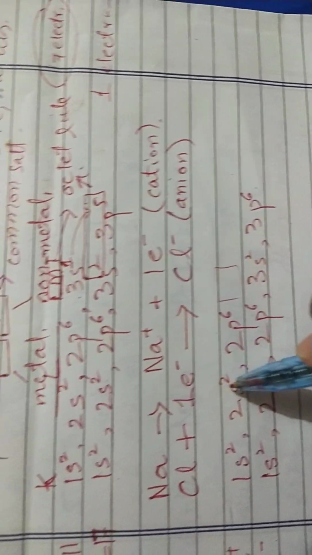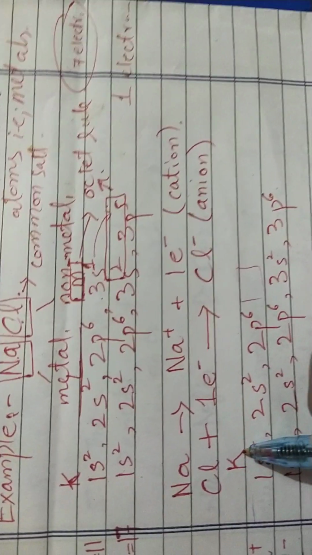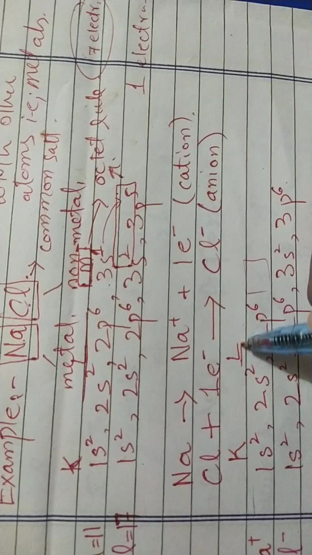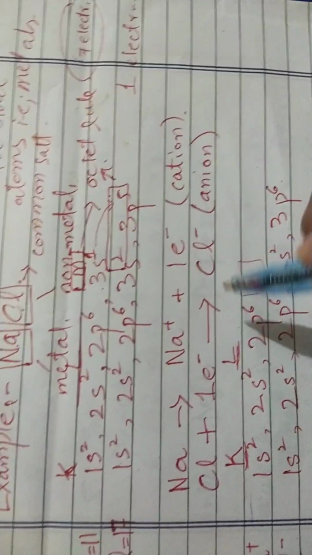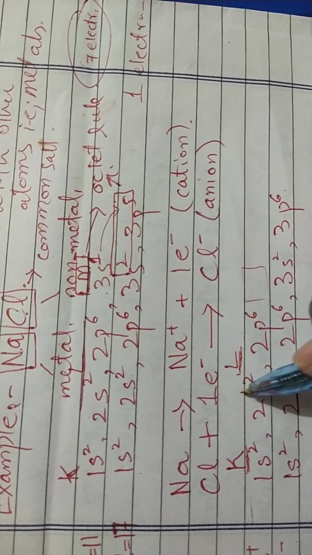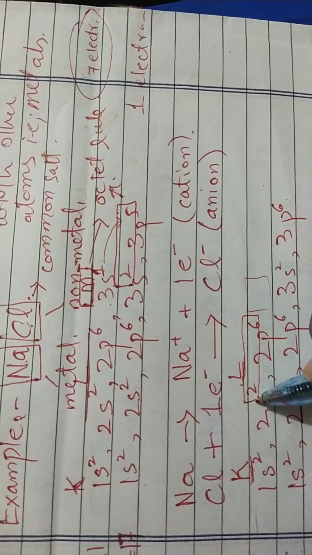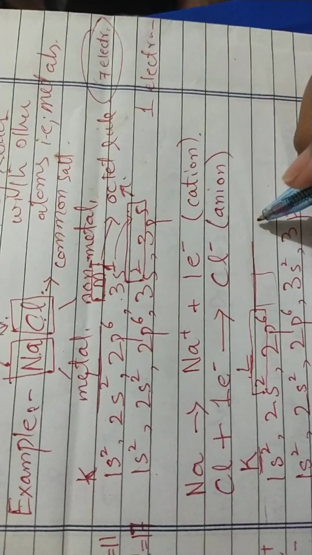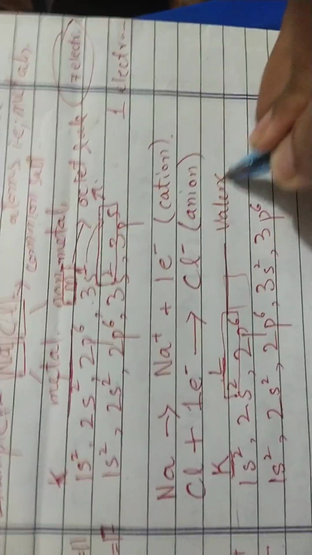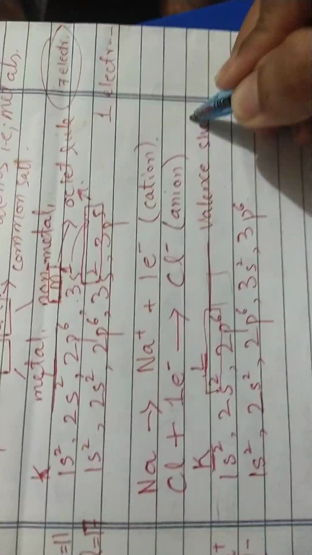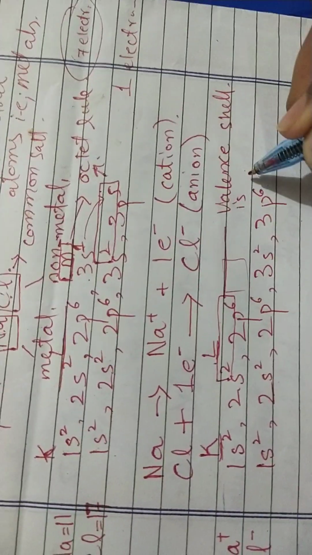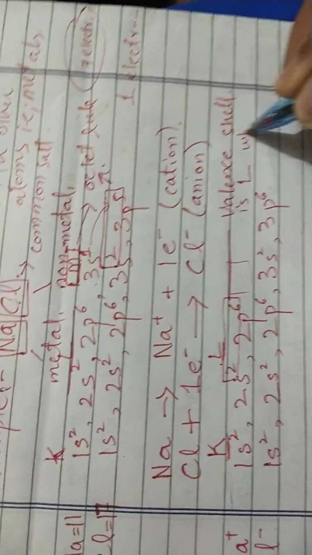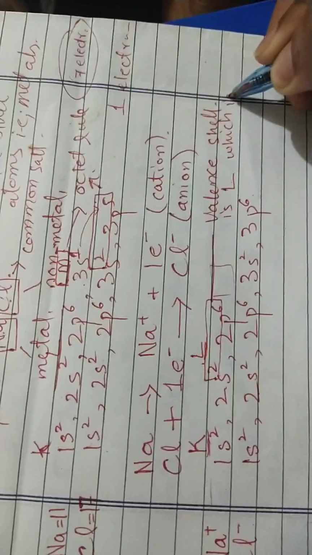According to this electronic configuration, we can see that the K and L shells are now completely filled. Now its valence shell is L, which is complete.